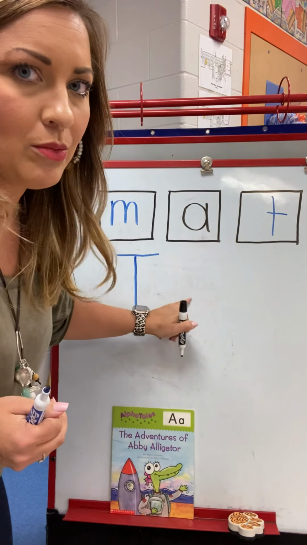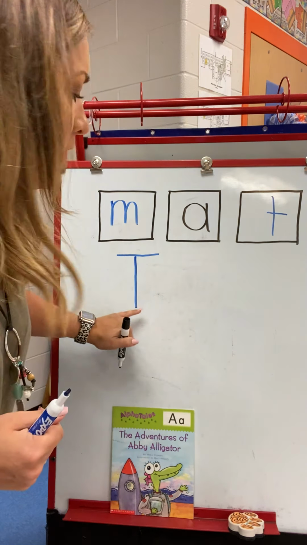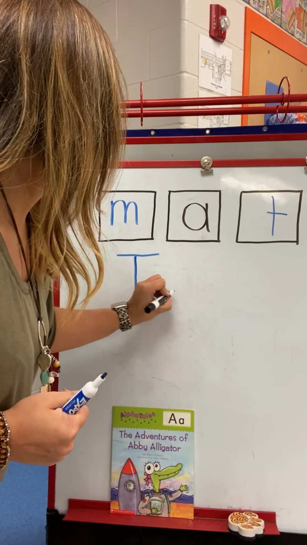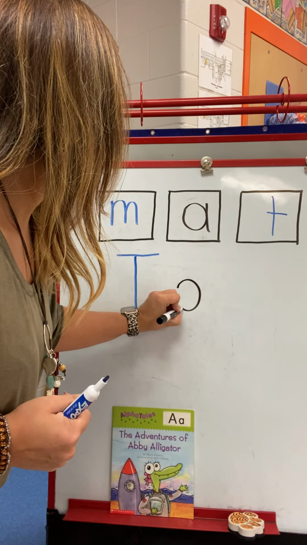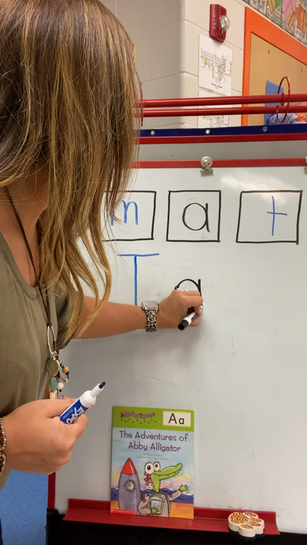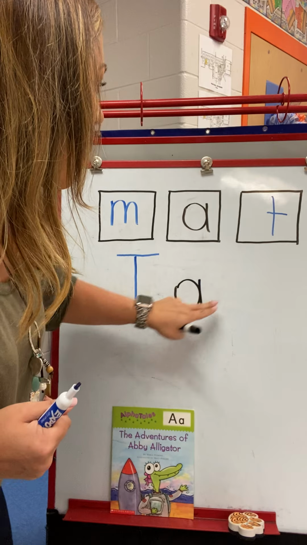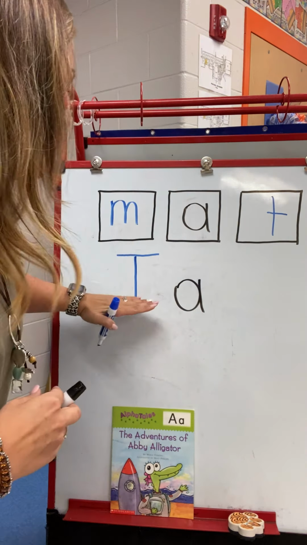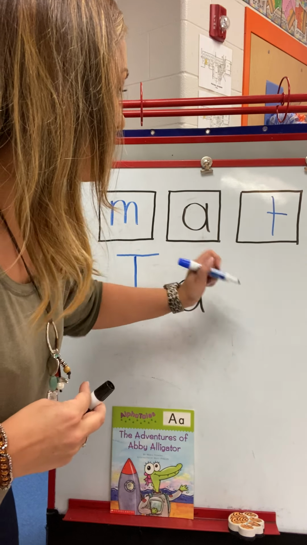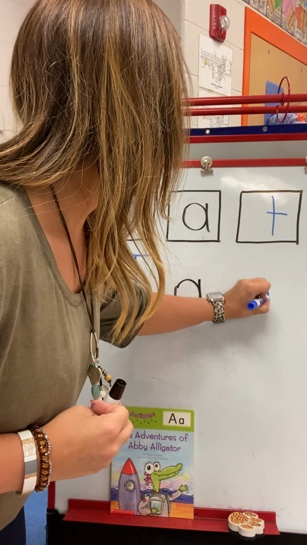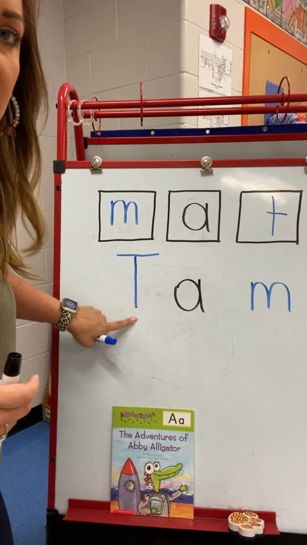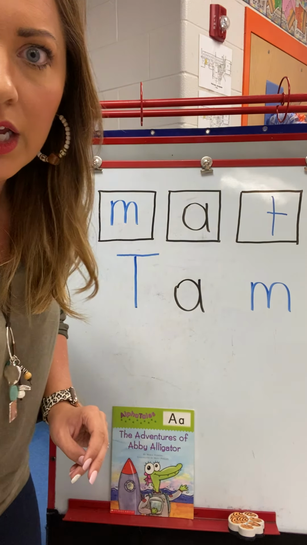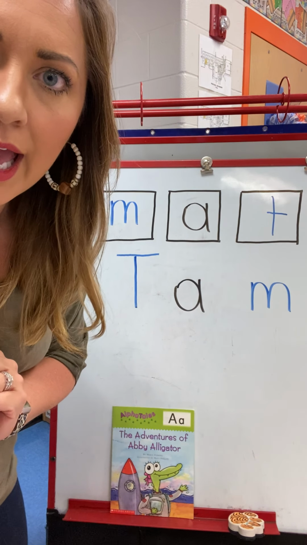So let's see what sound we hear next. T, am, t, am. What sound do we hear at the end? M. Am. So where in the word do you see the letter A?